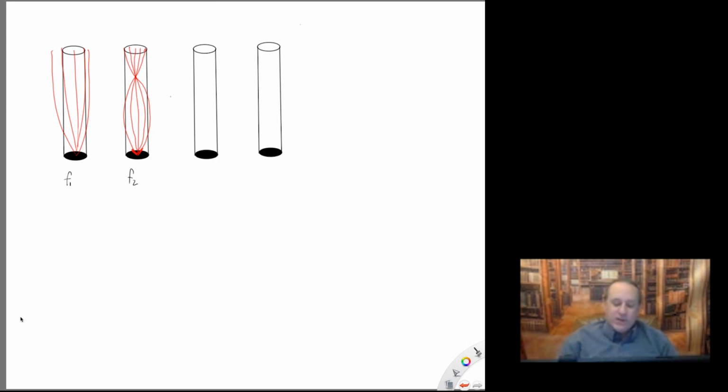And we can keep going. If we wanted to go to the next harmonics, we would have to have two nodes in between the ends. So we're going to get a pattern that looks something like this.